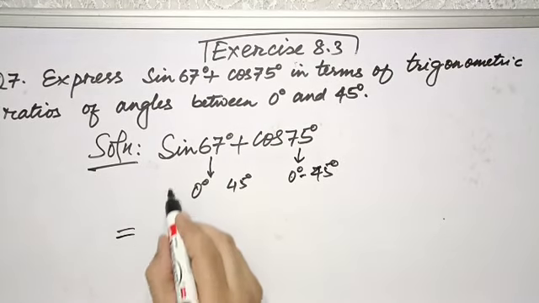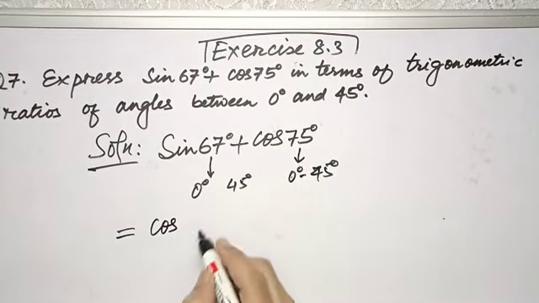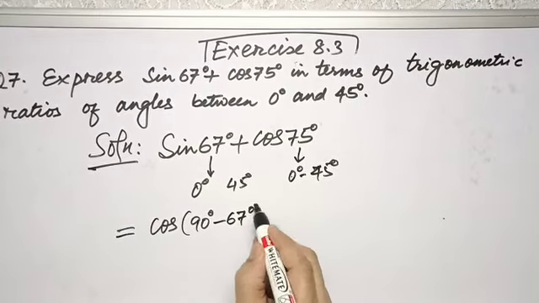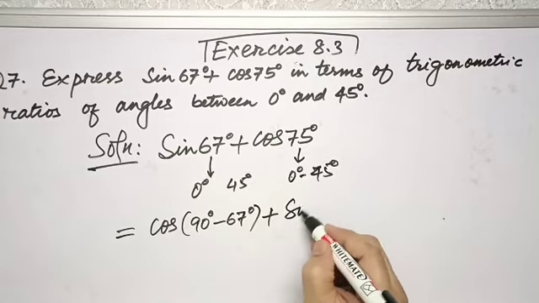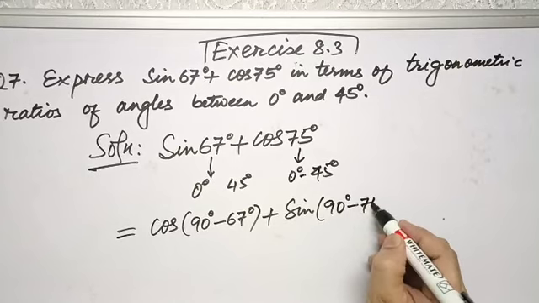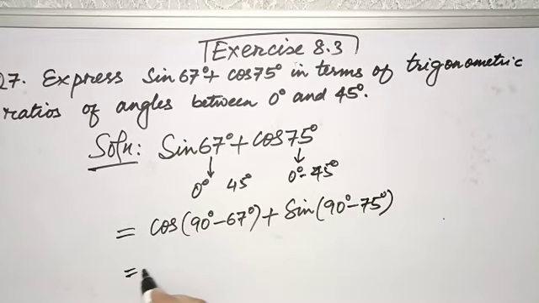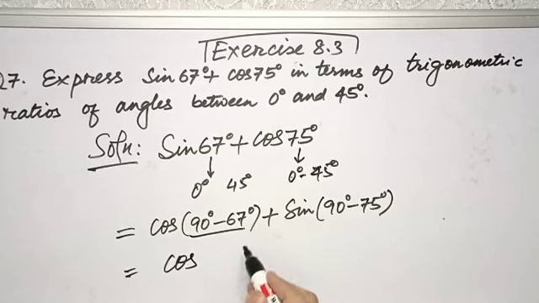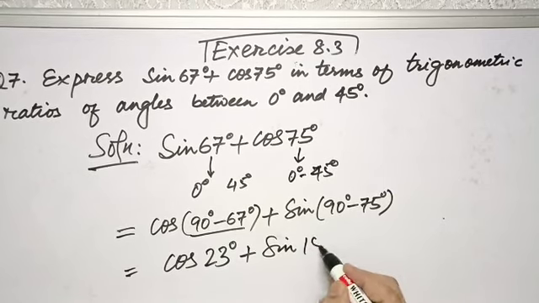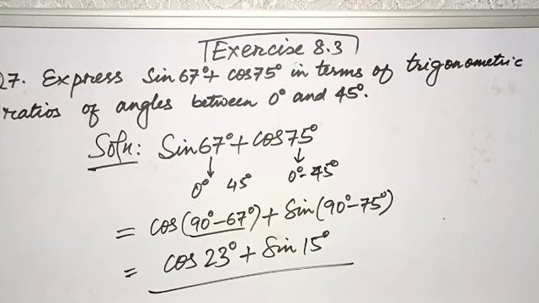Let me write here, I'll change sine to cos and write this angle as 90 minus 67, plus, and cos will change to sine, and this will become 90 minus 75, right? And cos of 90 minus 67 means 23 degree, and sine of 90 minus 75 is 15 degree. So this 23 degree and 15 degree are between 0 and 45.